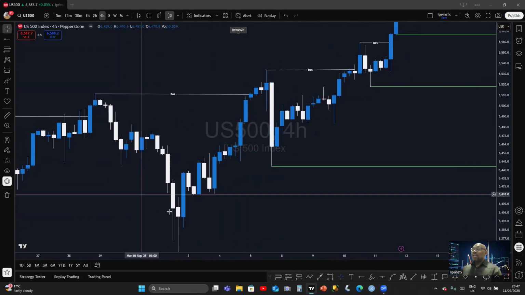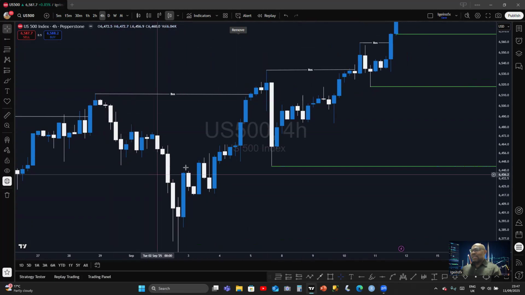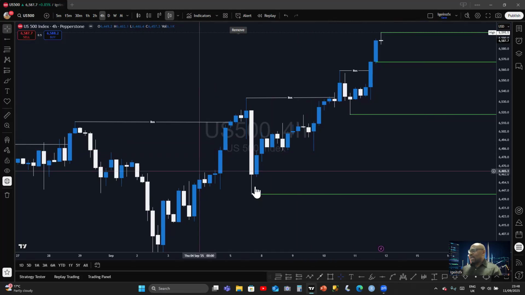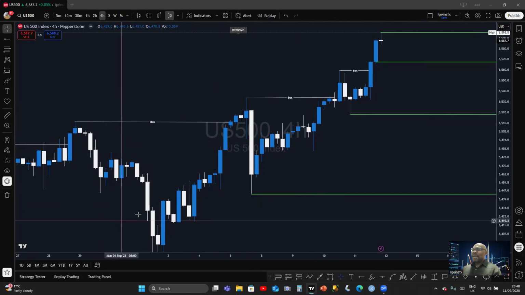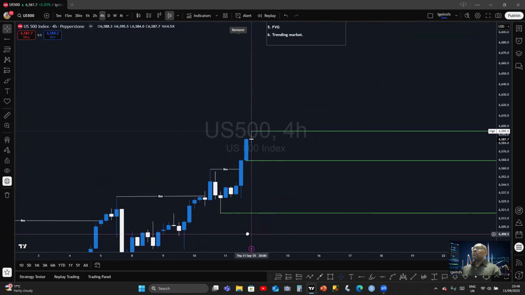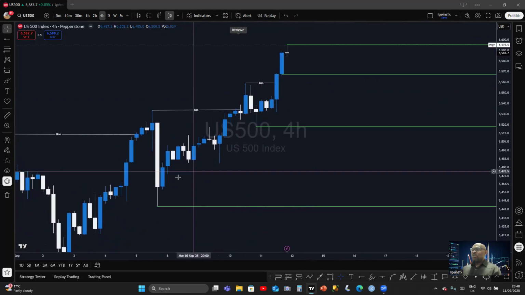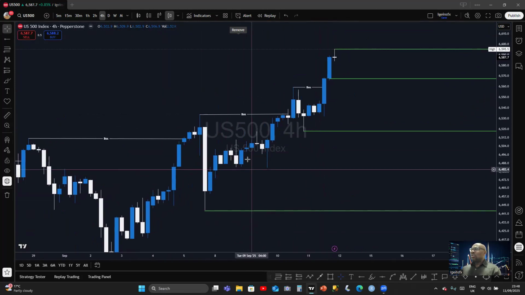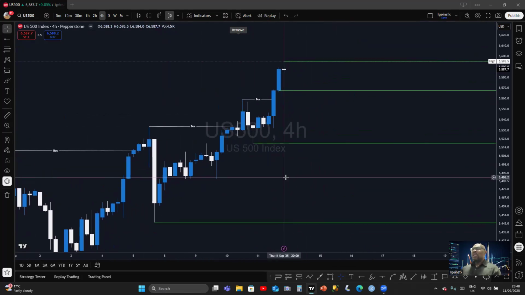This is what is representing the market. Market structure is the one representing the activities of the market, what is going on between buyers and sellers. So you must at any point know what the market is doing.